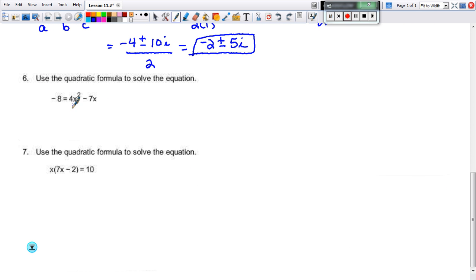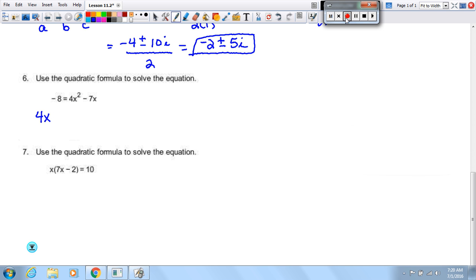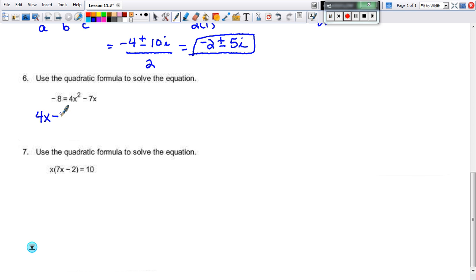Number 6, I have 4x squared minus 7x. The negative 8 needs to be moved over, so it's called a positive 8. So you've got your A, B, and C. So x equals the opposite of b.